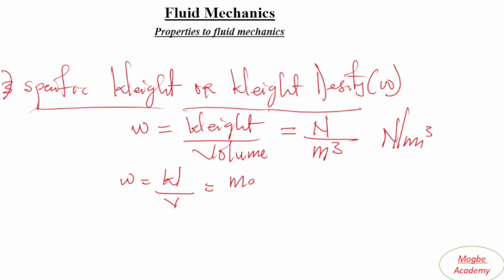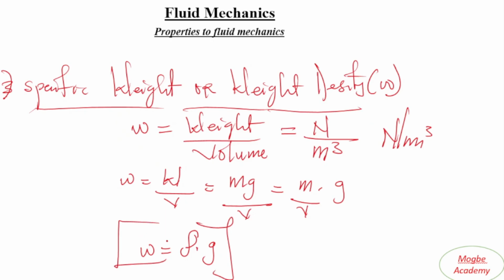So we have mg divided by volume. Looking at this, we have mass over volume, and we know mass over volume to be density. So in essence, your specific weight can also be calculated using the formula density multiplied by gravity.